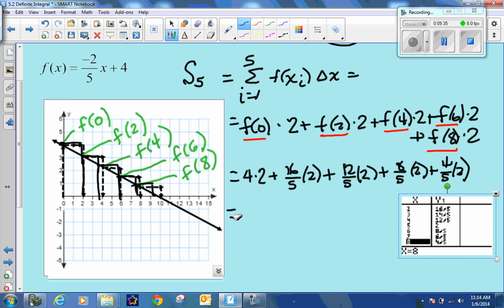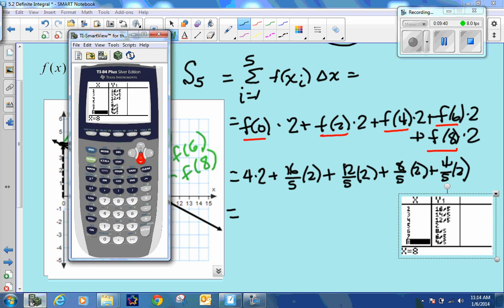Okay, we're going to add those together. So we'll just pull up our calculator here again, so you know what we're doing. We're going to say 8 plus 32/5 plus 24/5 plus 16/5 plus 8/5.